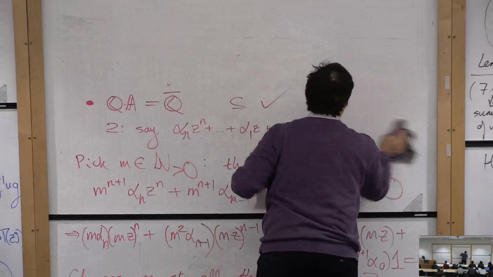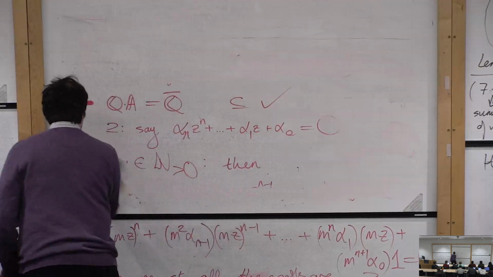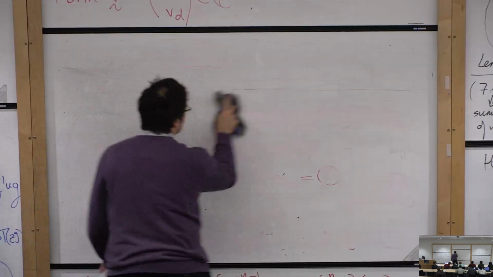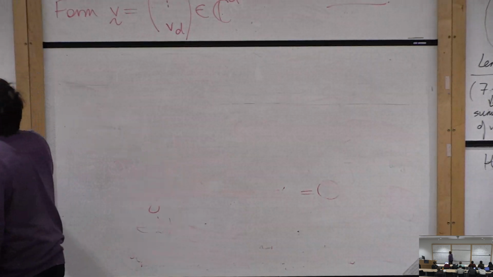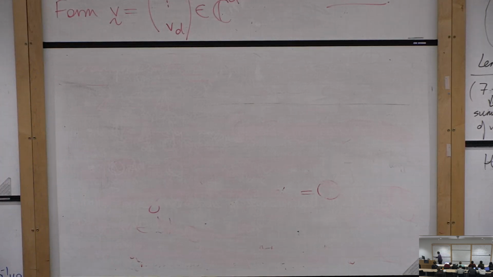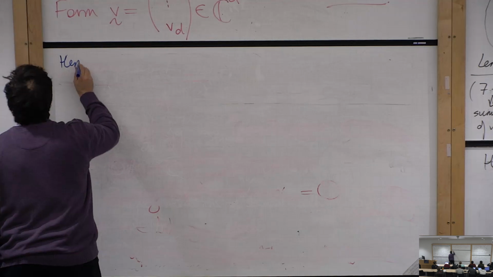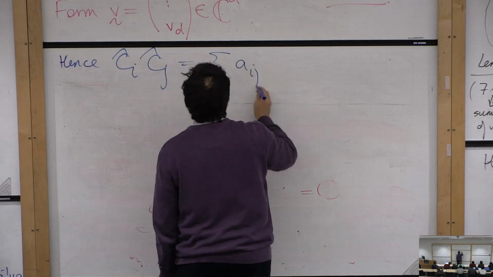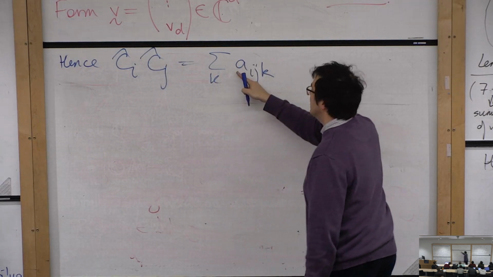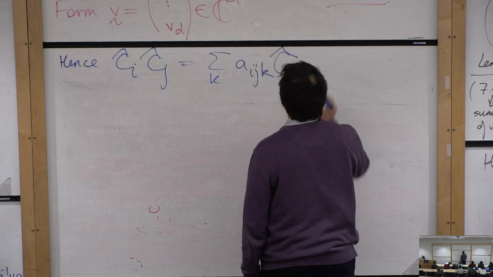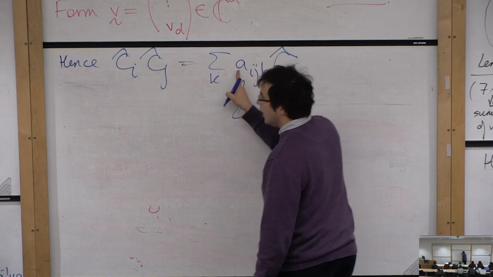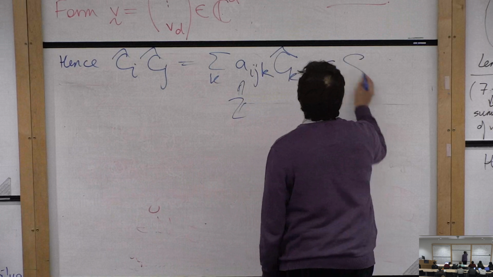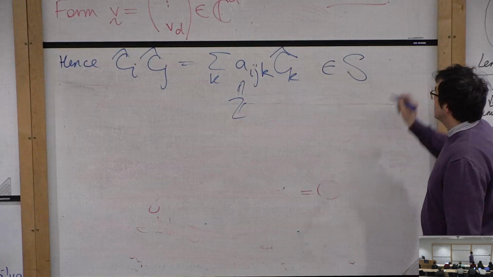So these structure constants, A, I, J, K, if you know the character table of groups, you get some interesting commutative ring. Ci hat, Cj hat, sum of K, A, I, J, K, Ck hat, that's the common value independent of Z, right? And that being an integer, that's the other thing. Why? Because it's the size of a set. And that's what I wanted to prove in the lemma.